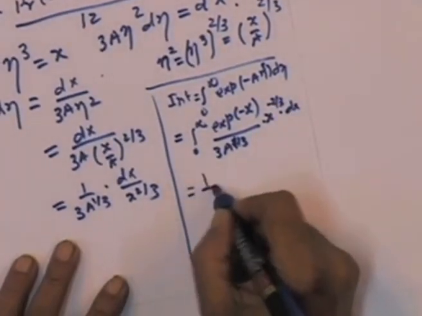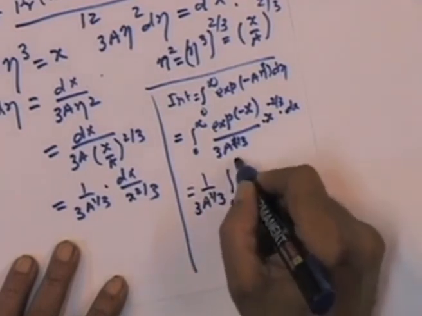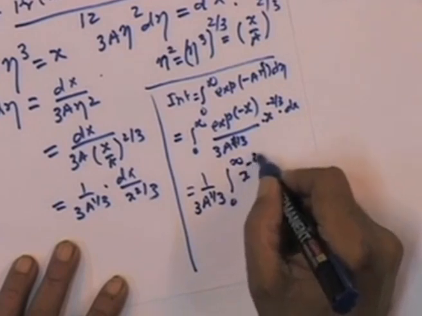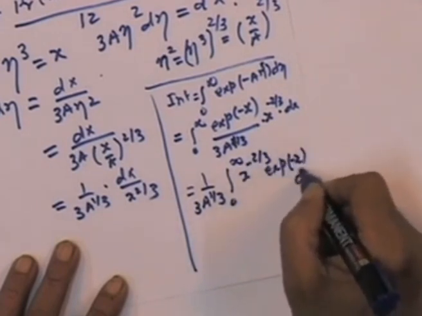Or this is equal to 1 over 3 a raised to 1 by 3 times the integral 0 to infinity x raised to minus 2 by 3 exponential of minus x dx.